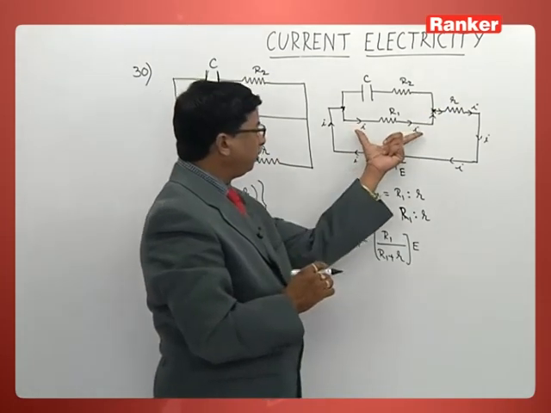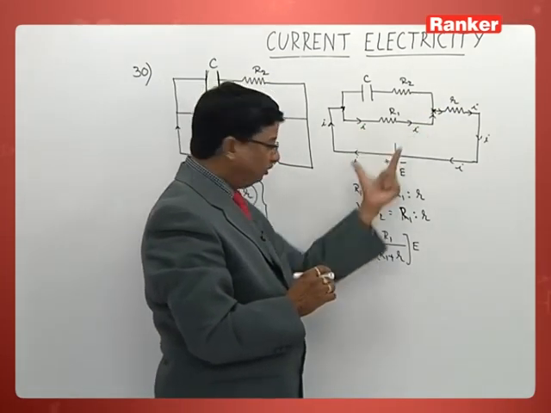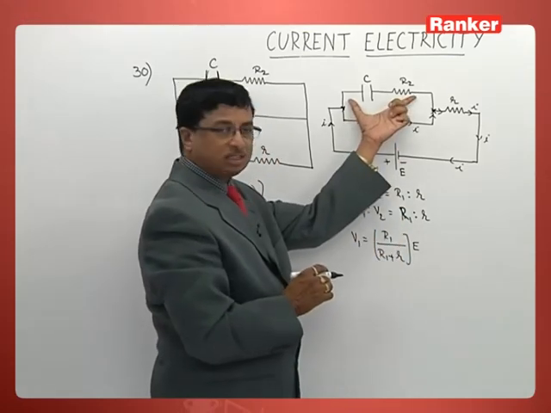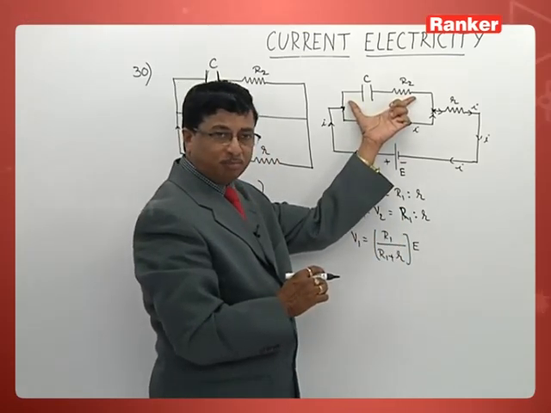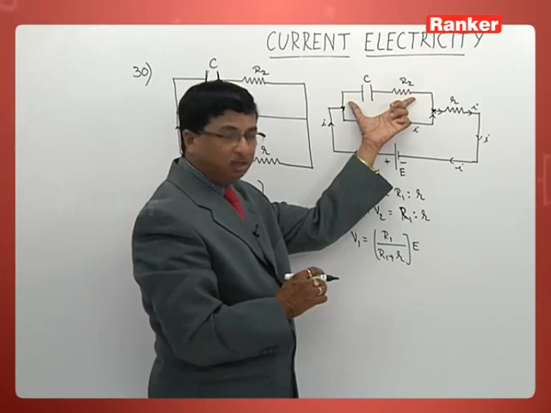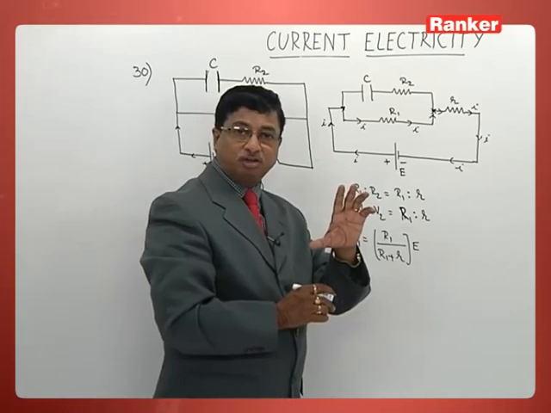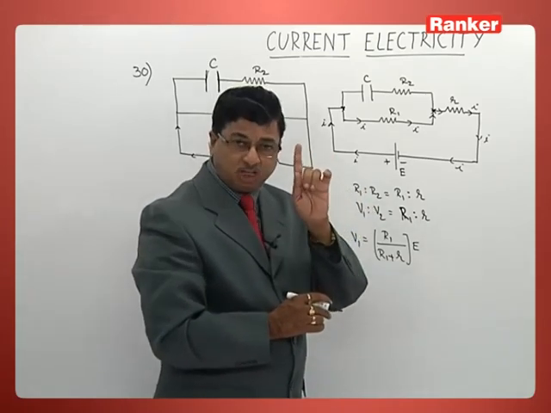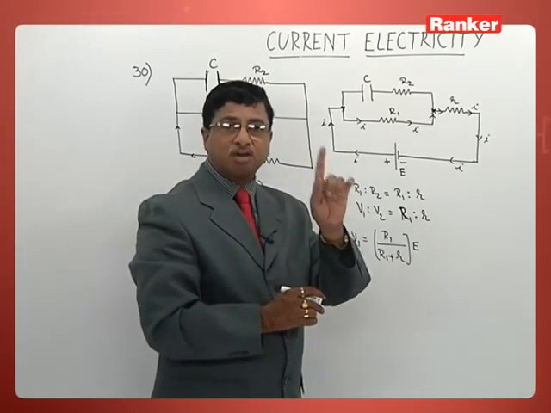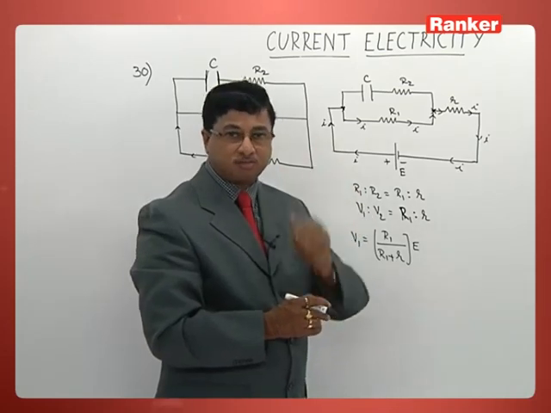When the potential difference across R1 is this much, the potential difference across the second branch will also be the same. Why should it be like that? Because these two are in parallel. In a parallel combination, potential difference is the only parameter which remains constant across all the branches.